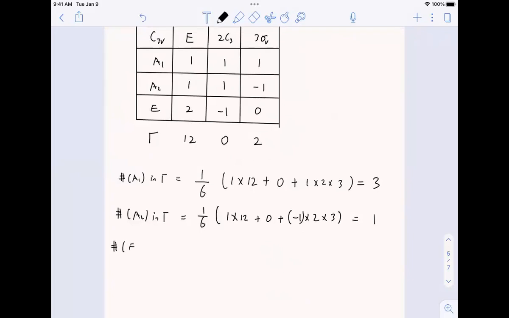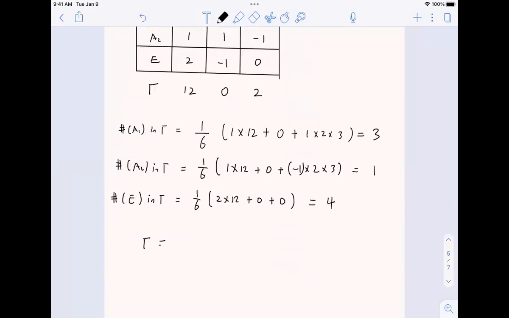The number of E in gamma will be 2 times 12, plus 0 plus 0, because these are 0. This will be 24, so eventually you have 4. So gamma equals 3A1 plus A2 plus 4E. So this is the decomposition.